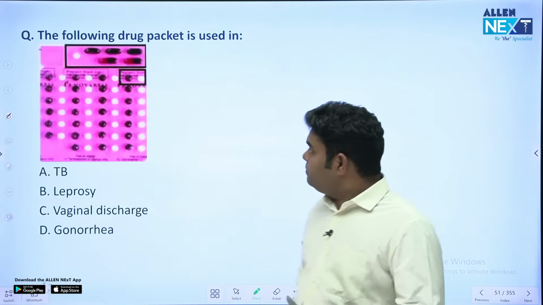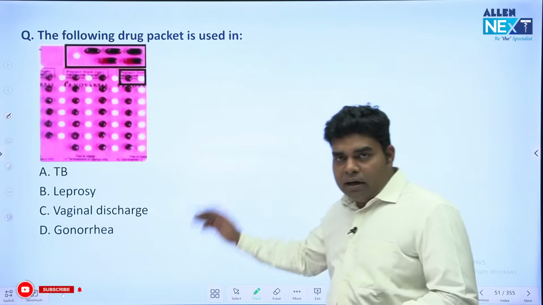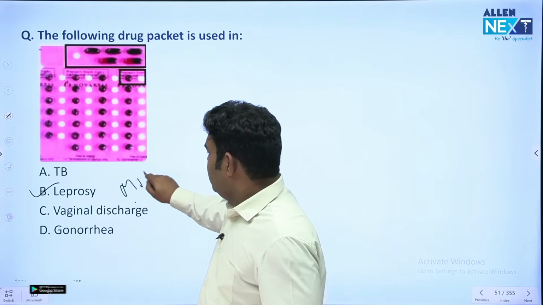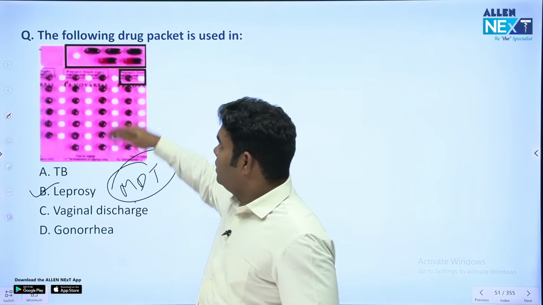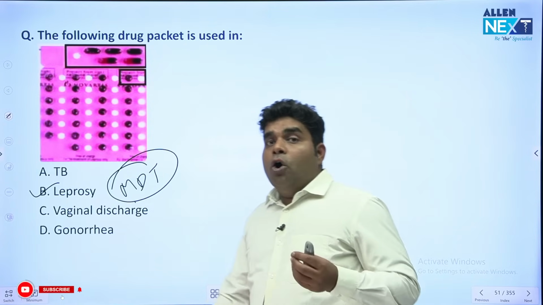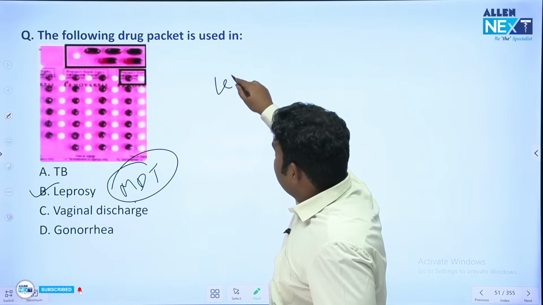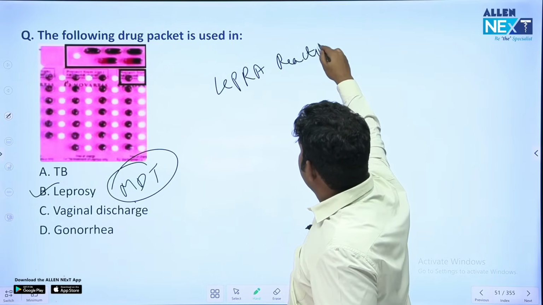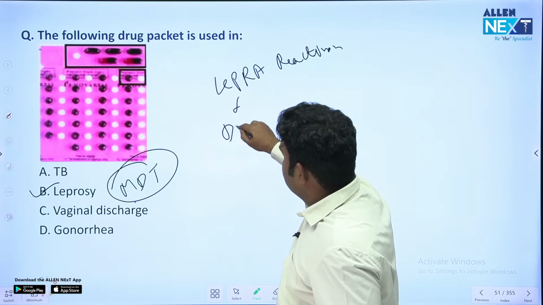Let's move ahead first. Which drug packet is there? This is the multiple drug therapy, MDT, for leprosy. Suppose I am a leprosy patient who developed lepra reaction while taking the drug. They asked this question in a recent exam: in lepra reaction, what is the drug of choice?